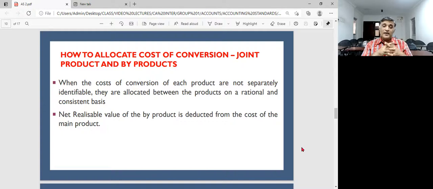Right? What could be the basis? Probably you can identify the split off point, and whatever is the sale value at the split off point, you can segregate that on that ratio. You can segregate the total cost or the conversion cost between A and B on the basis of the sale value at the split off point. This could be one basis.